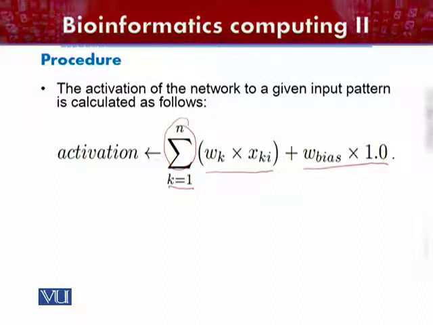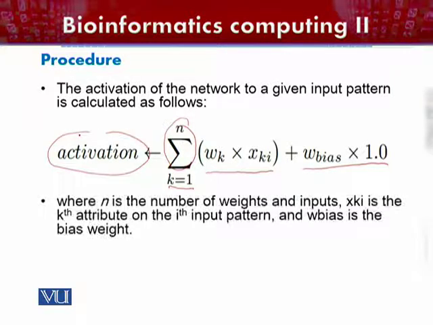That's because the bias term was initialized with a constant value of 1. All of this gives rise to the activation of the network. In this equation, n is the number of weights and inputs, x_ki is the kth attribute on the ith input pattern, and w_bias is the bias weight.